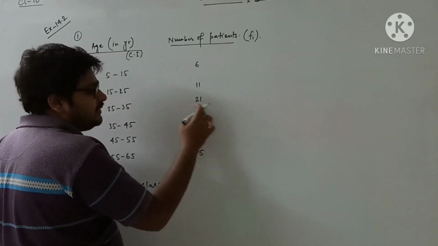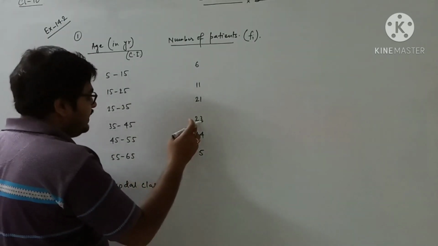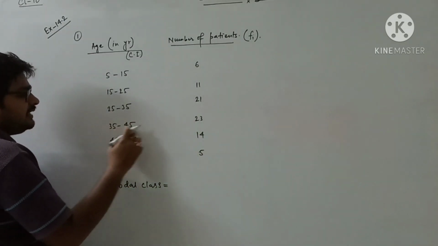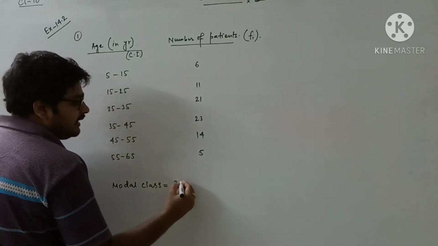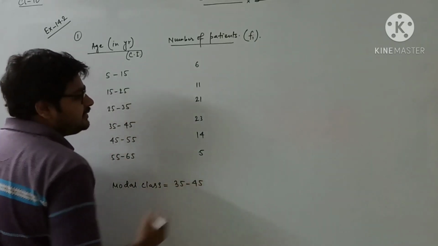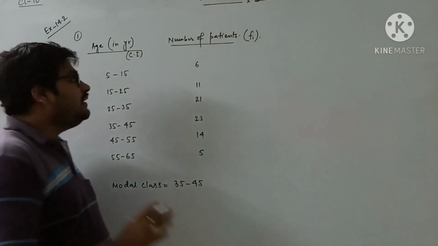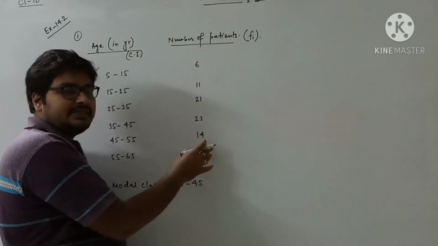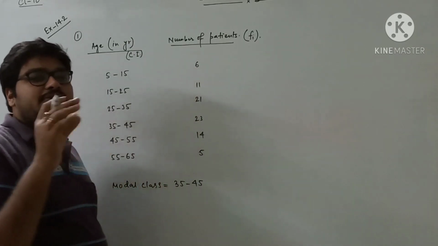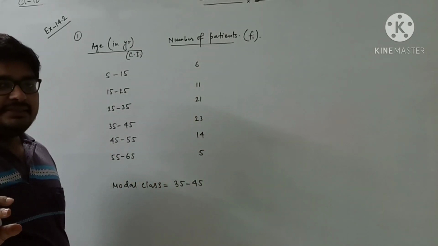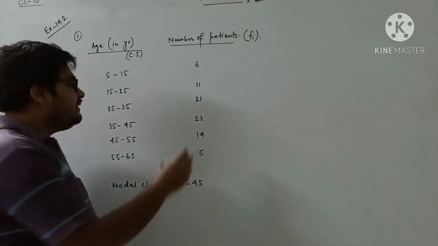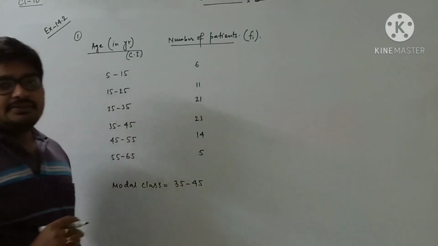This one is the highest frequency, 23. So related to 23, what is here? 35 to 45. So the modal class is 35 to 45. I think this much is clear. You have to check all those frequencies, and the class with the highest frequency is the modal class.